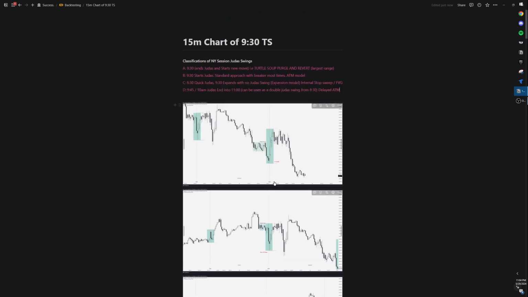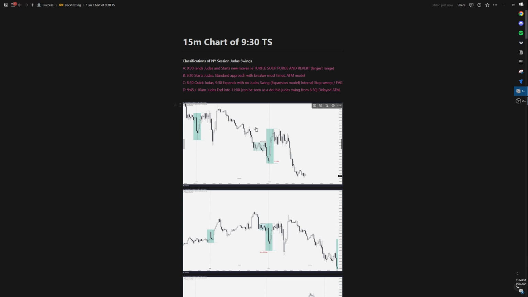But start pairing this now with how you already read price, right? Because if we come in tomorrow and we know, okay, we have 8:30 news, what is expected to see? Well, if we see 8:30 to 9:15 expand in one direction, you know there's now a high likelihood for 9:30 to manipulate up high or up low, manipulate one side or the other, and then go.